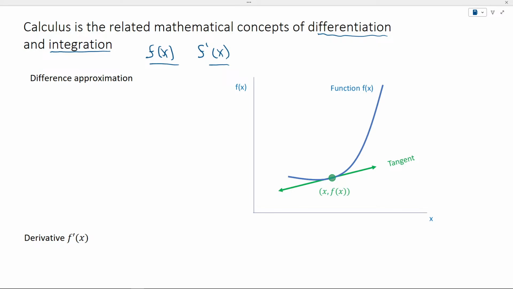So I have a function, and I want to know the rate of change of this function. You see the rate of change here is not much. Here the rate of change is very large, because this is steep, it's going up, so the rate of change is larger than here, for example.